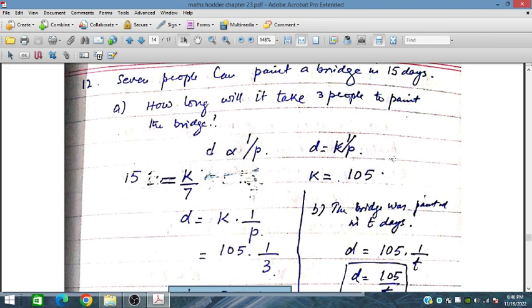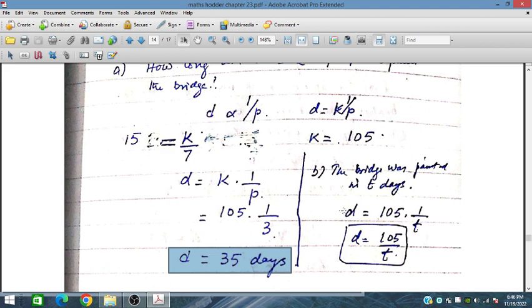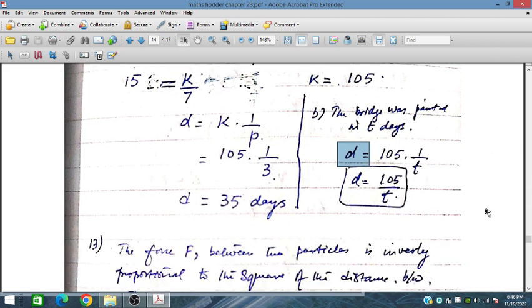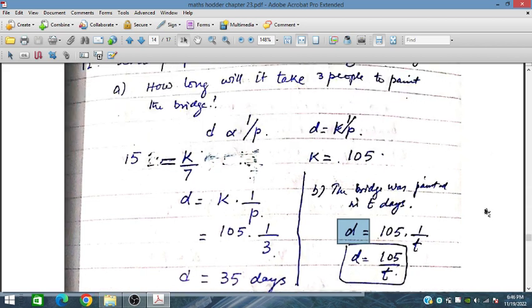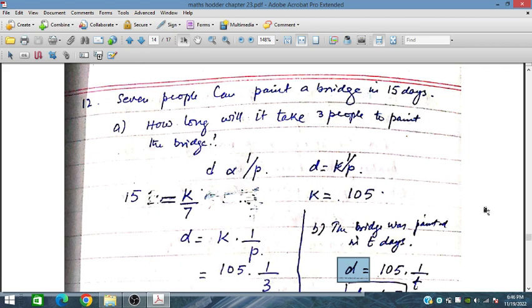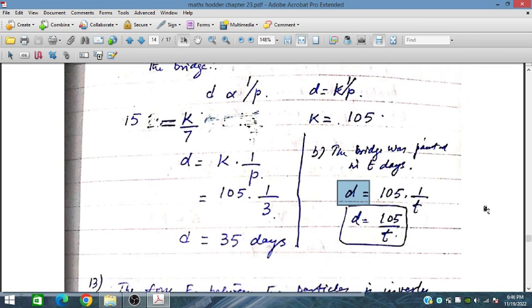Now the number of persons has been reduced to three people to paint the bridge. So 35 days it would require.